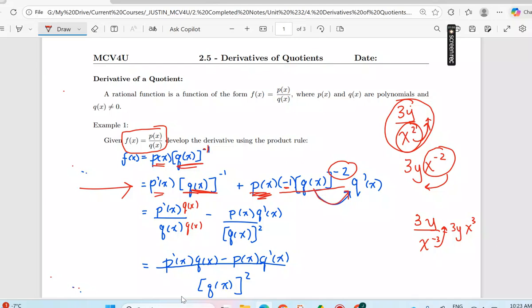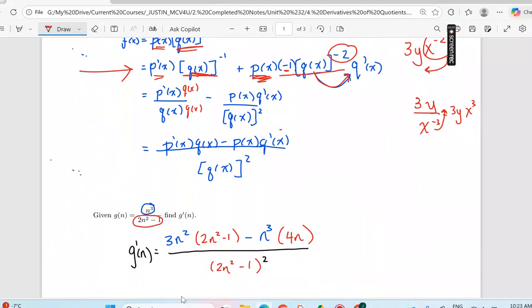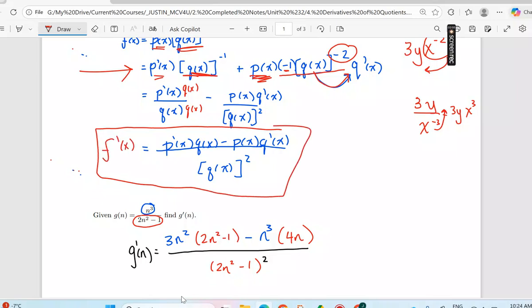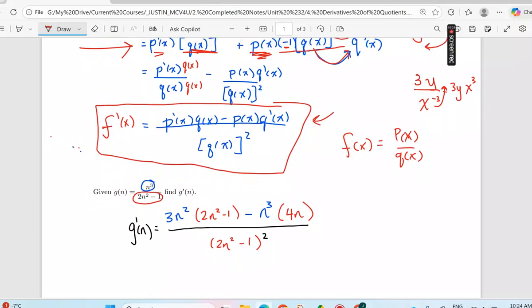Now if I simplify this, I end up with that, which is the derivative of f(x) if f(x) was p(x) over q(x). That's just a quick little proof as to how we come up with this formula to find the derivative of any quotient. You don't necessarily need to know it, but it helps to understand it. Really, you just need to be able to apply it.